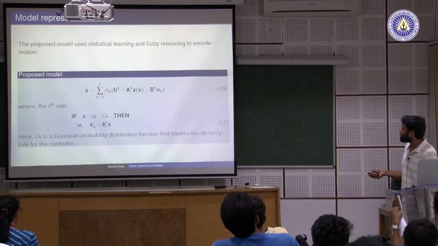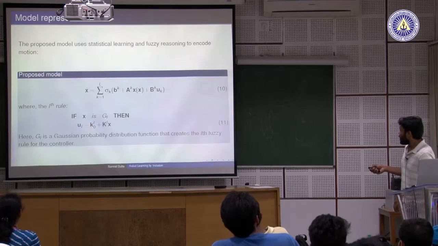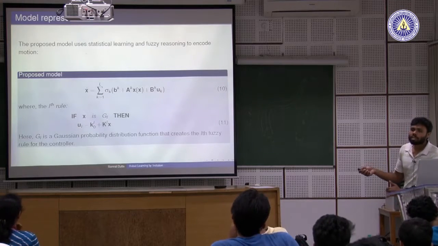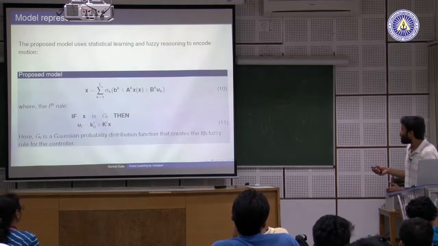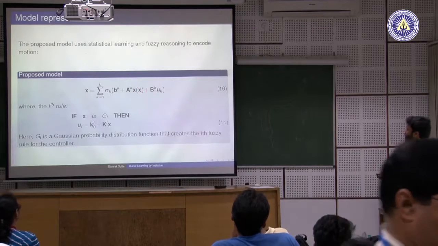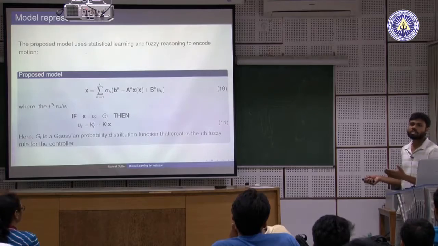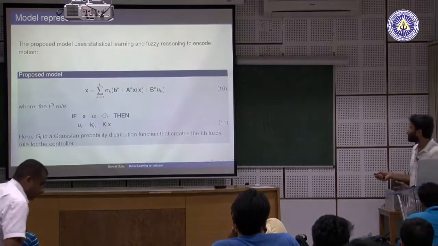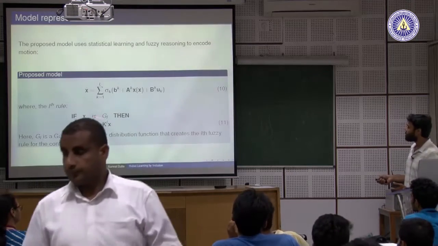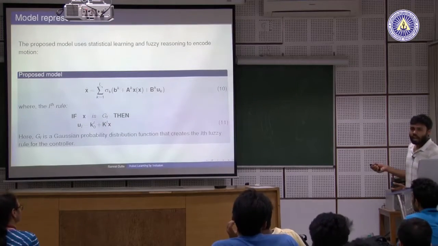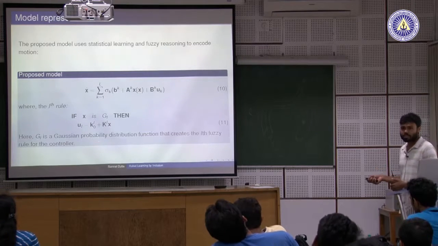And see here, the interesting thing about this model is that we combine both statistical learning and fuzzy TSK fuzzy logic. How? We learn this using a Gaussian mixture model, a statistical model learned by expectation maximization, and this term U is learned using this fuzzy controller, and again the fuzzy sets are learned using expectation maximization.